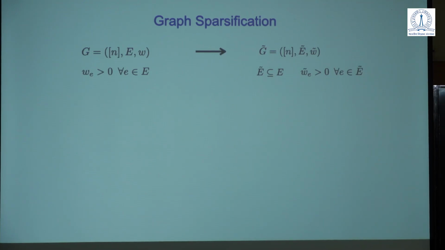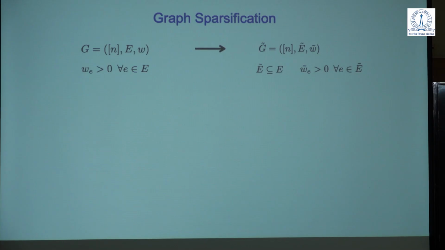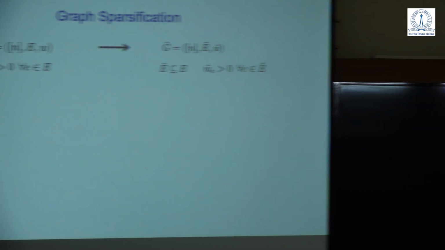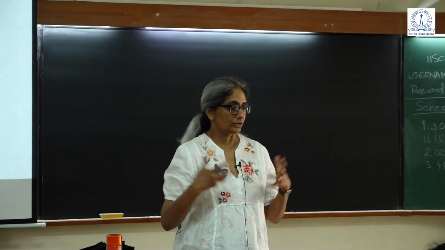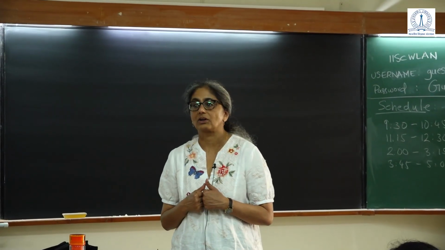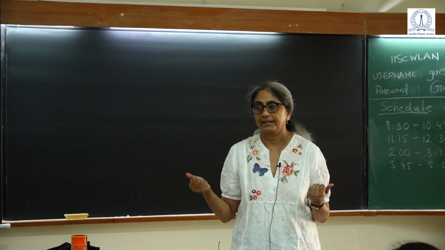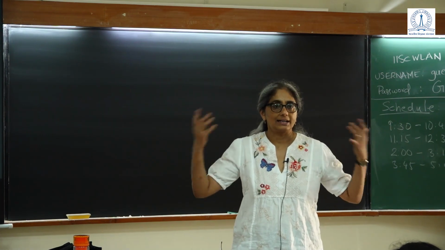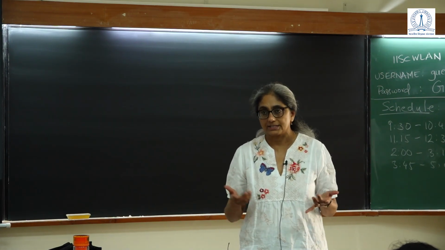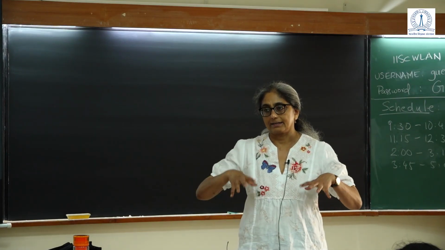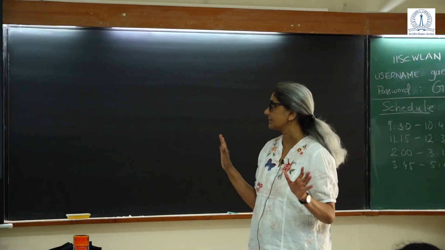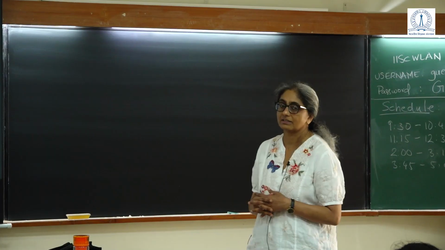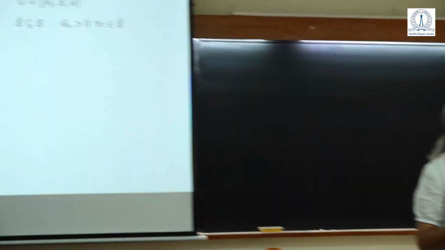Okay, so you're allowed to reweight the edges that remain, but the idea is to decrease the number of edges in the original graph. Okay, this is called a sparsification, right? So we have a graph where it's very dense maybe. We would like to throw away a bunch of edges and to get like a subgraph. Okay, so without any further qualification, this is what it means to sparsify the graph, right?